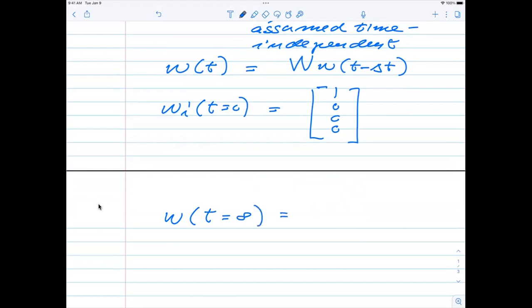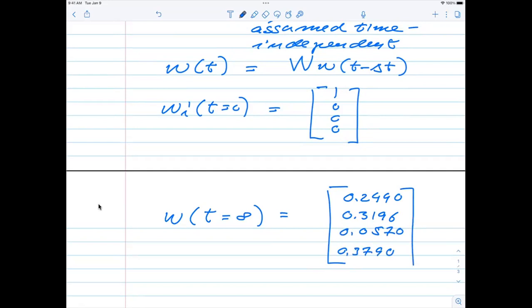Then this converges to the following values, with this number of decimals as leading decimals here. 0.057, and then finally we have 0.37900 here.